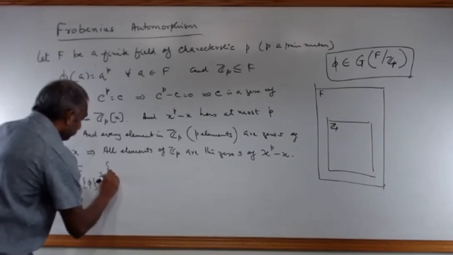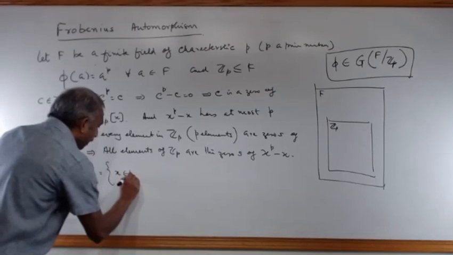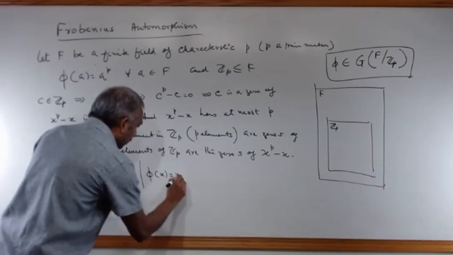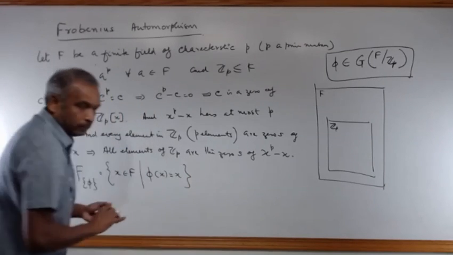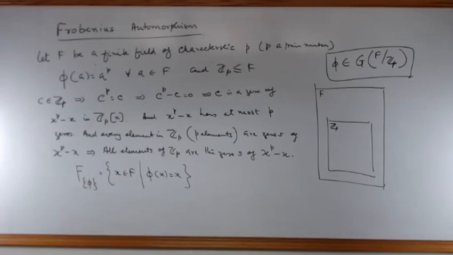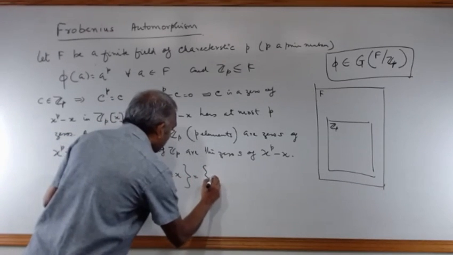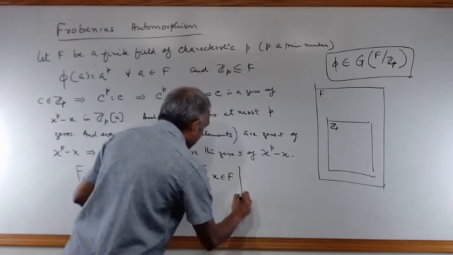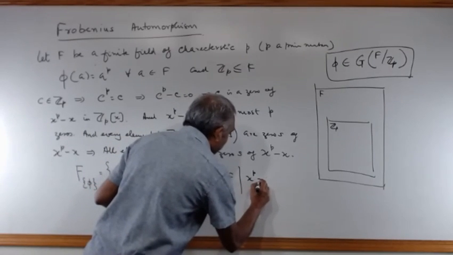This means the elements x from F such that phi of x equals x. And what does that mean? This equals the elements x belonging to F such that x to the power of P is equal to x.